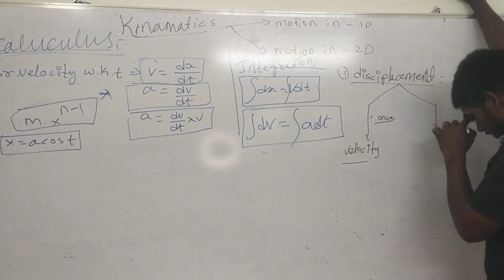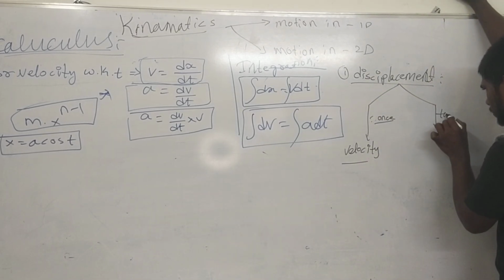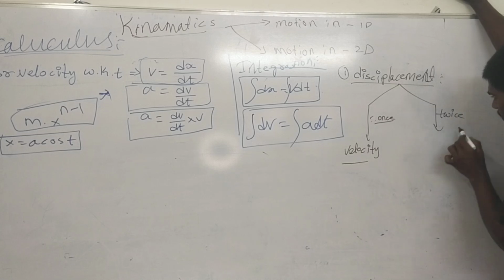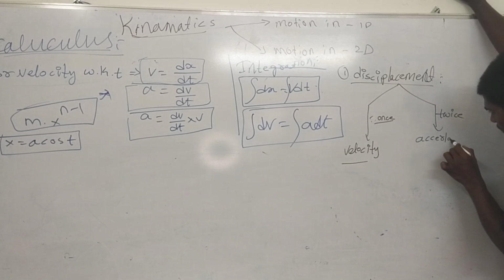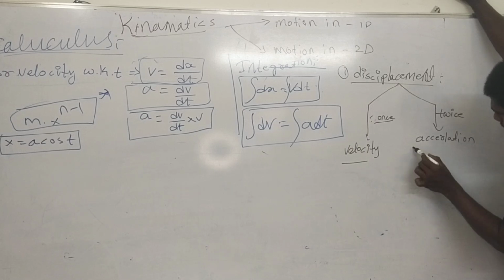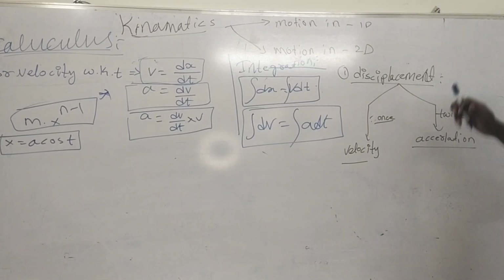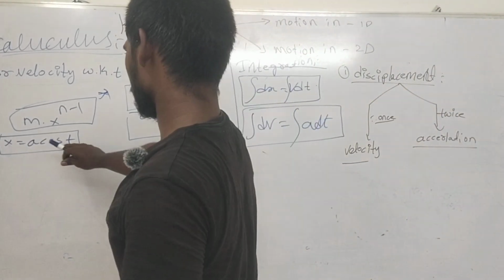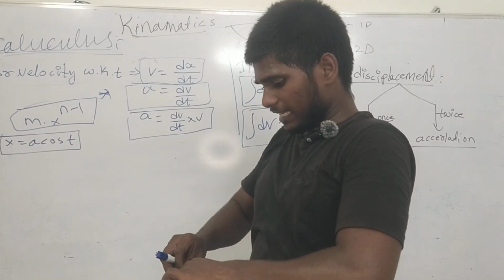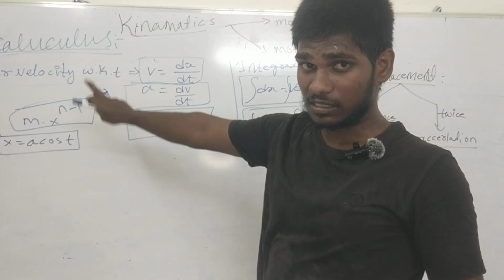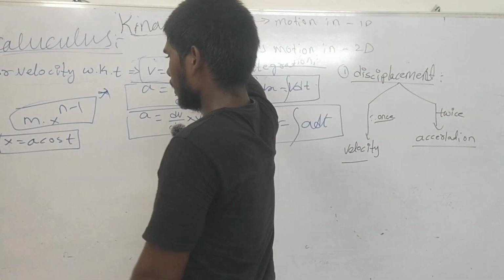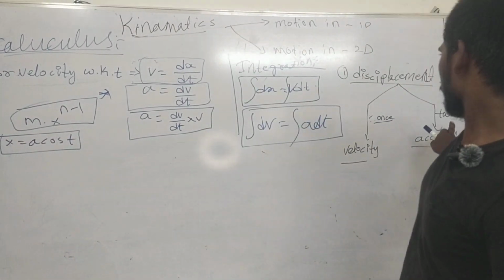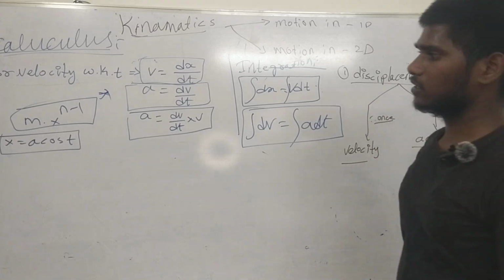If we differentiate displacement twice, we get acceleration. In this question, x denotes the displacement, and they are asking for the acceleration. To get acceleration, we should differentiate displacement twice.